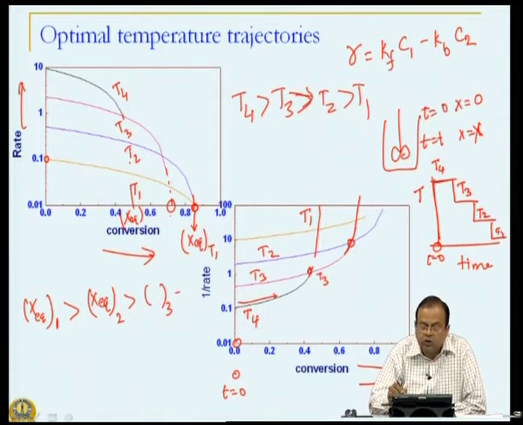So, high temperature gives the advantage of kinetics, and we are still not restricted by thermodynamics. But if you keep this temperature high for a long time, equilibrium conditions will be achieved, and equilibrium conversion at high temperature is low. So, you shift to a lower temperature T3 and keep doing this, so that you get the best of both kinetics as well as thermodynamics.